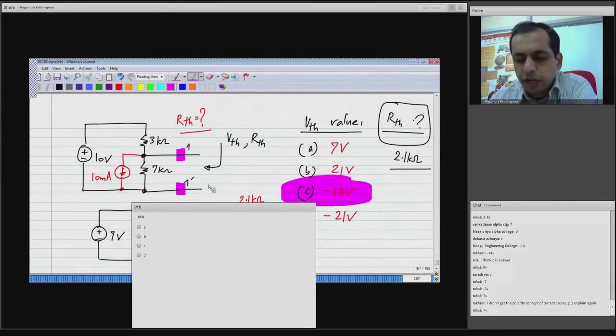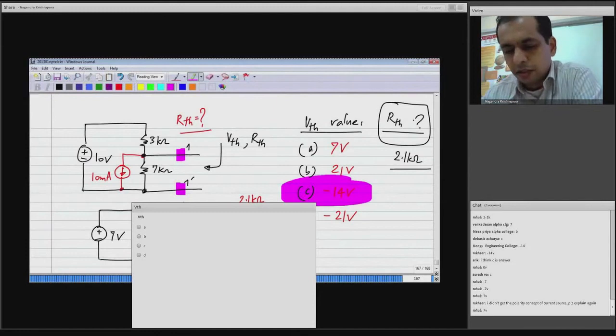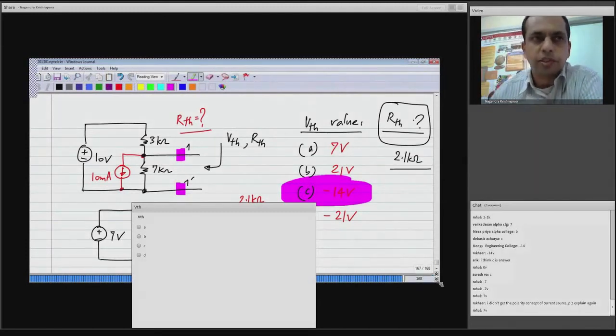So whatever you connect between 1 and 1 prime, that doesn't matter. This part, what we are replacing, can be represented by this minus 14 volts and 2.1 kilo ohms in series. In fact, what you connect to this can be non-linear. The part that we are converting to Thevenin equivalent has to have only linear elements and independent voltage and current sources. Okay.